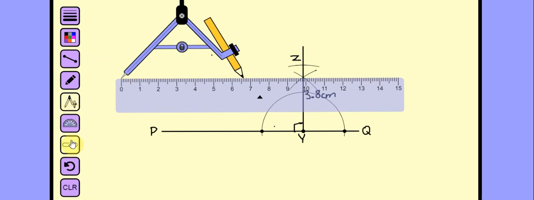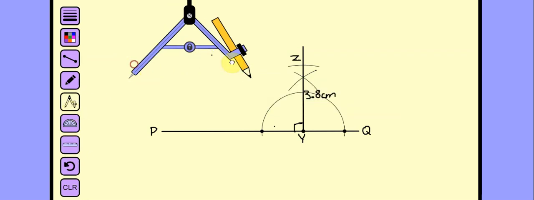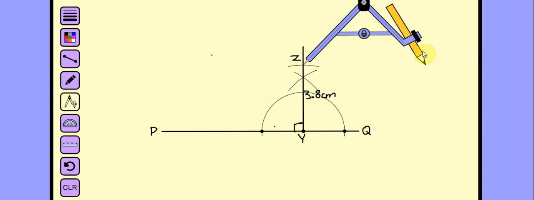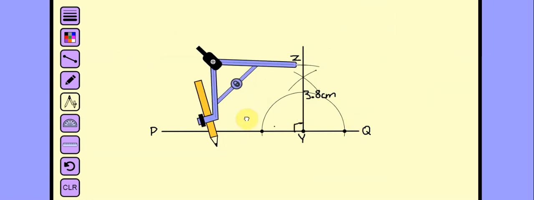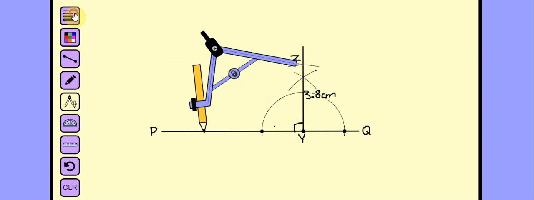That is 6.6. So placing our compass at Z, we are going to scribe an arc to cut the line PQ.